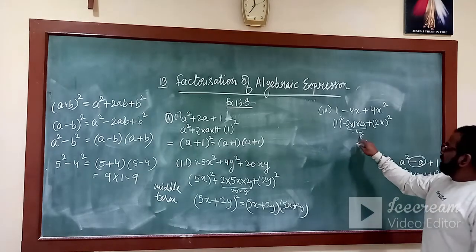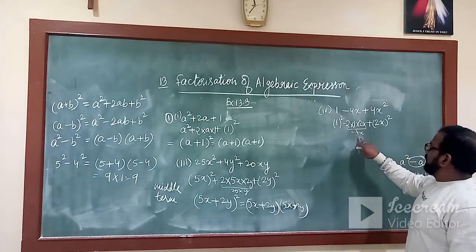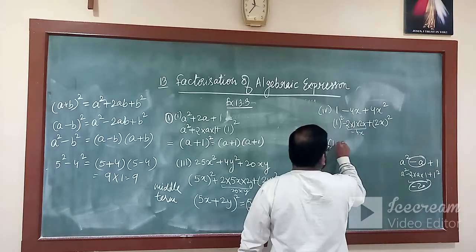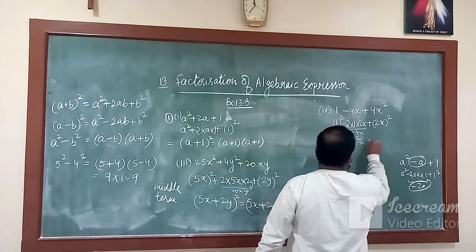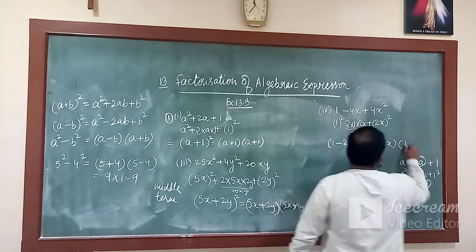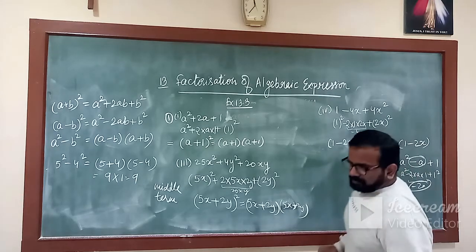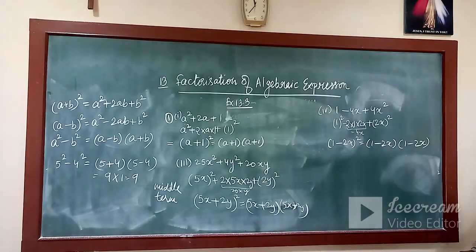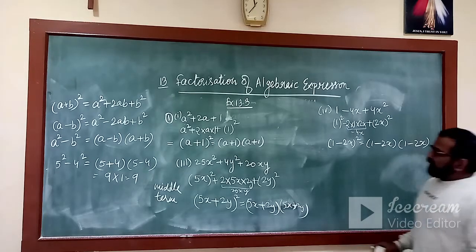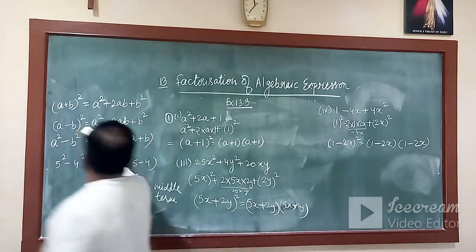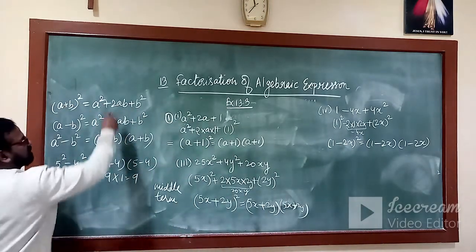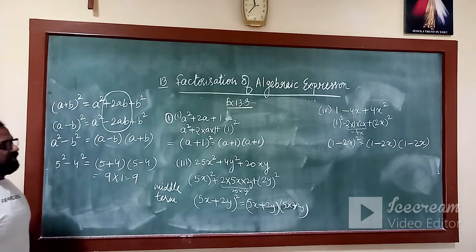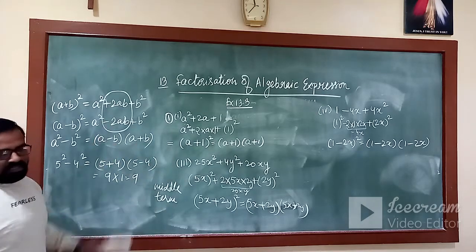Now since it becomes minus 4x, so middle term is satisfying, a square and b square is there, negative sign is there, so it is actually 1 minus 2x whole square, or you can write 1 minus 2x into 1 minus 2x. Okay, so whenever you want to use these identities, then for these two identities this middle term is very important. If it cannot be satisfied, then you cannot write the expressions in this form.